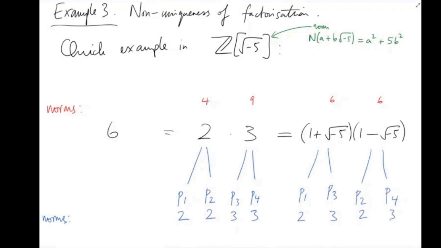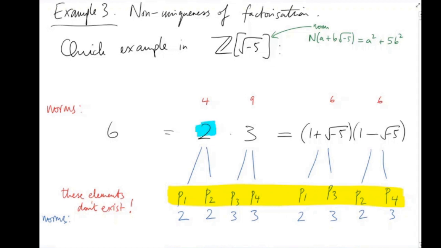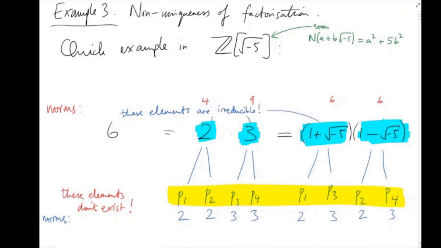That would be nice, but unfortunately, these elements, P1 to P4, don't exist. Both of these factorizations, 2 times 3 and 1 plus root minus 5 times 1 minus root minus 5, are minimal and they're completely different. So 6 doesn't factorize uniquely into primes in this ring.